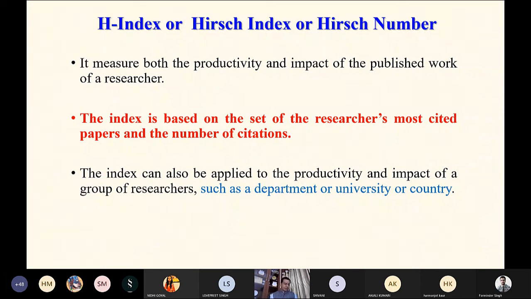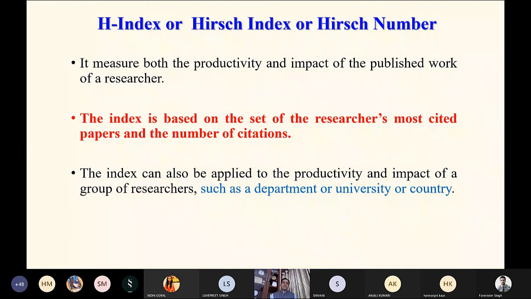For example, if I talk about myself, I have an H index of 8 or 9, which indicates my productivity and efficiency as a researcher. How is it calculated? It is calculated based upon the high citations that I have from my journal papers and the total citations that I have.